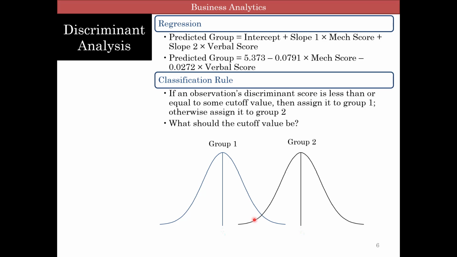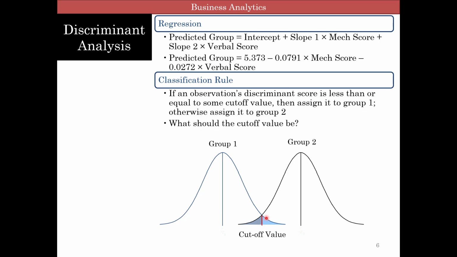So we have group 1, which is distributed this way, group 2, which is distributed this way, and if we pick a cutoff point, here is the percentage of people who are actually in group 2 who will be classified as group 1. And then here will be another cutoff. Here is another error.